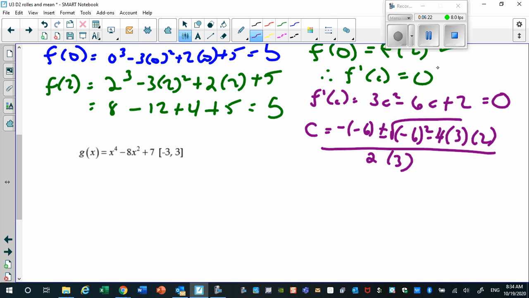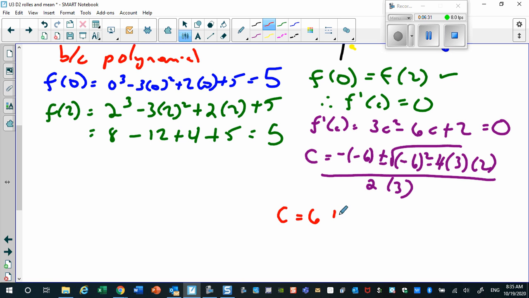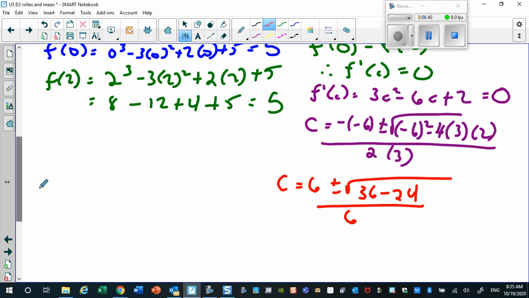So I get c equals 6 plus or minus the square root of 36 minus 24 all over 6. So c equals 6 plus or minus the square root of 12 over 6.